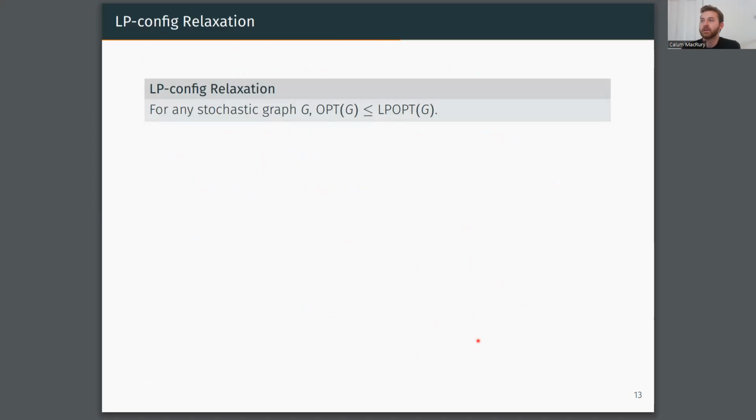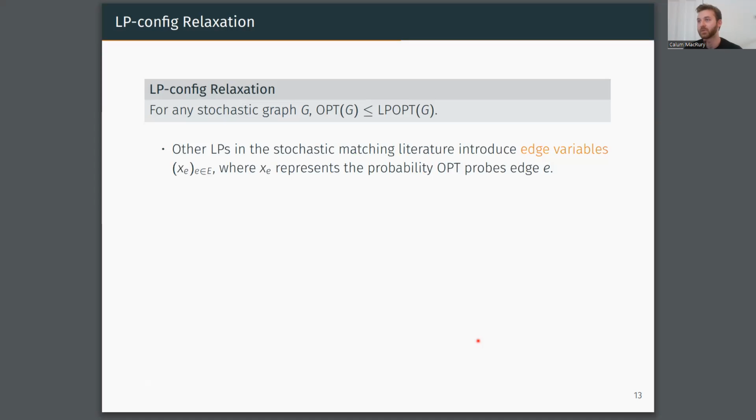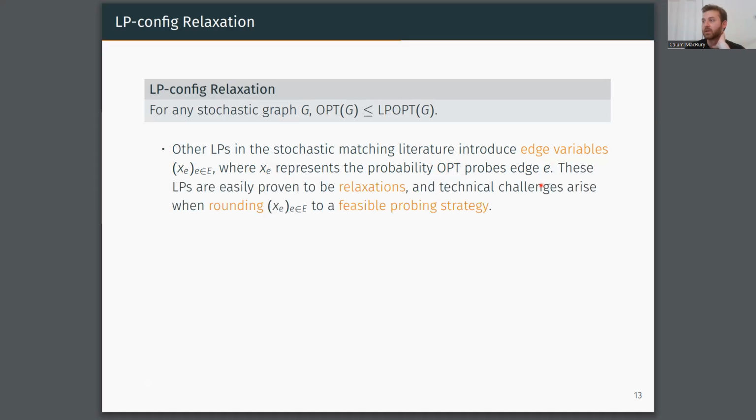Okay, so in this work, we prove that the adaptive benchmark is upper bounded by the LP solution. What's interesting about this LP is that it differs from previous ones in the literature, which instead of having tons of variables just assign a single value to every edge, where you think of x_e as being the probability the adaptive benchmark probes an edge.